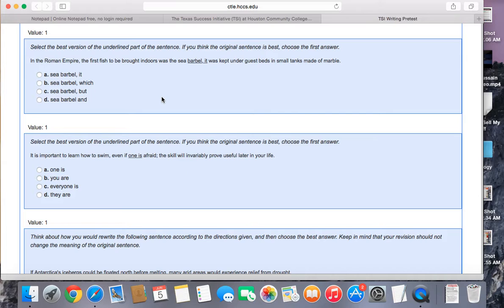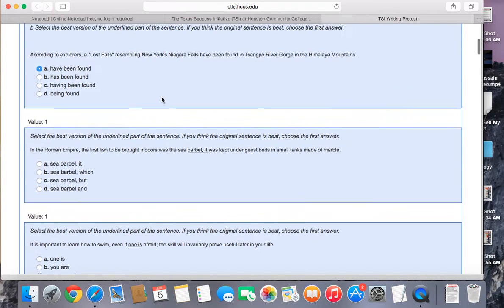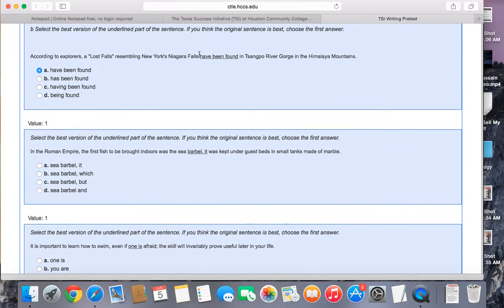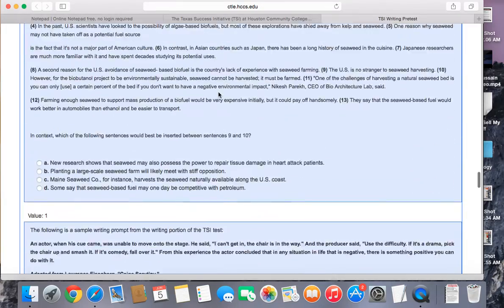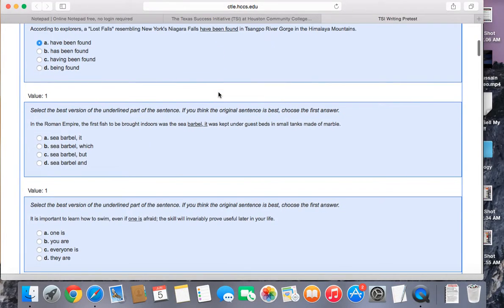But if you want to do the correct way, that is the correct way. New York Falls, Niagara Falls have been found. This is correct. I'm pretty sure, because if I'm wrong, we'll just go to the end after we're done with these couple of questions. Let's see what's up.